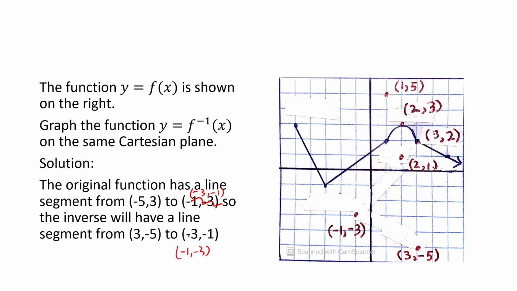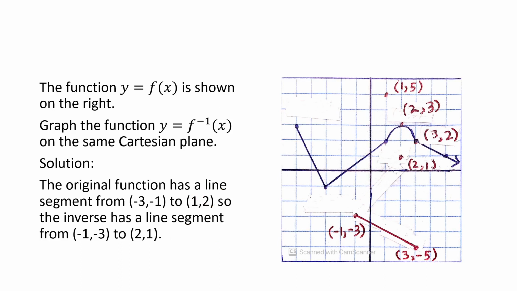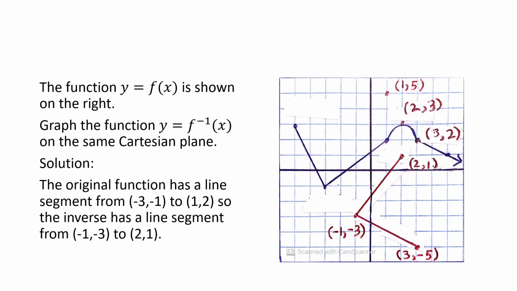There's a little typo on here. Okay, so we put that in. Then the original function has a line segment from (-3, -1) to (1, 2). Right there. So ours should have a line segment from (-1, -3) to (2, 1), which would be right about there.